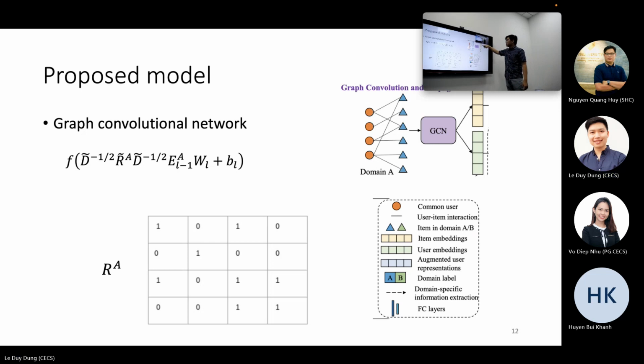The output is two embedding features, for item embedding and user embedding. They are the output of the GCN network.